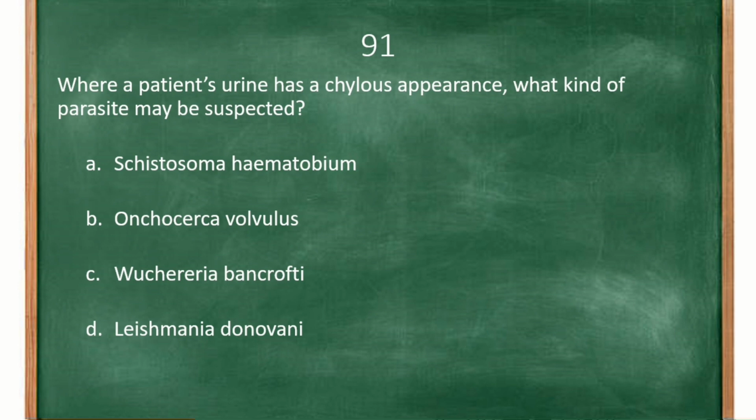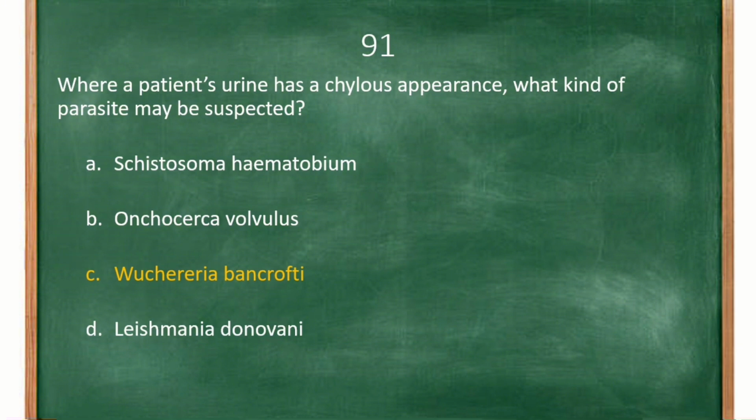So the correct answer here is C, Wuchereria bancrofti. Wuchereria bancrofti is what causes lymphatic filariasis, commonly known as elephantiasis. And when that happens, there is a lymphatic obstruction, and so the lymph will actually leak into the urine, producing this chylous, or if you want, milky appearance in urine. So it's this bad guy that does that.